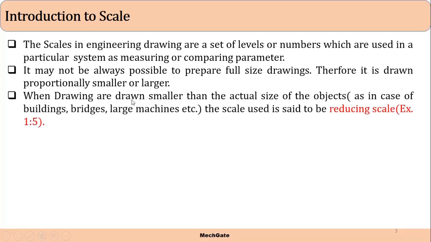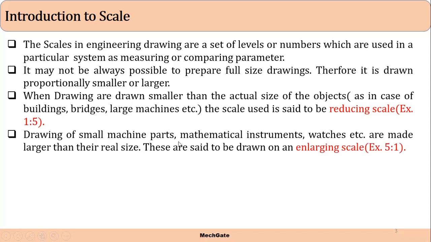When drawings are drawn smaller than the actual size of the object, as in the case of a building, bridge and large machine, the scale used is said to be a reducing scale, because for preparing the drawing we proportionally reduce the dimensions of the objects. That's why it is called a reducing scale, and it is generally represented as 1:5, where the first number indicates the length of drawing and the second number indicates the actual length of object, right?